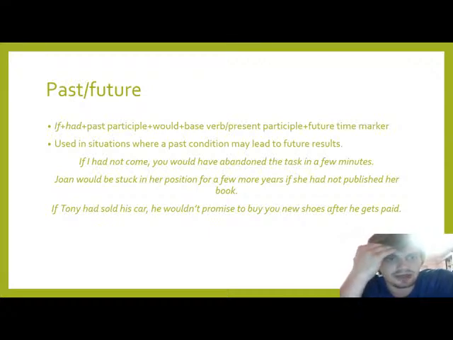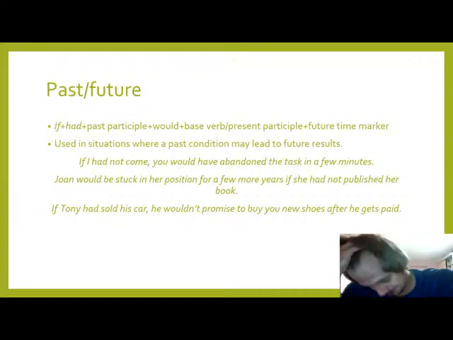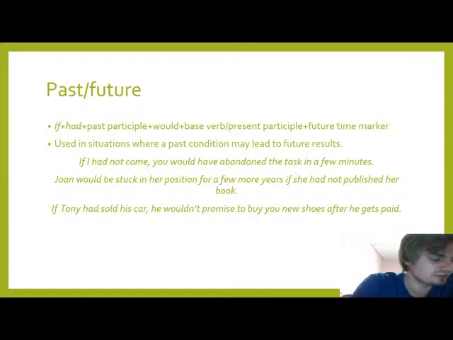So now we have a past. We are approaching the past, and this is our final mixed conditional of the day. And we have a past condition with a future result, and it's constructed by if, then it's followed by the subject.